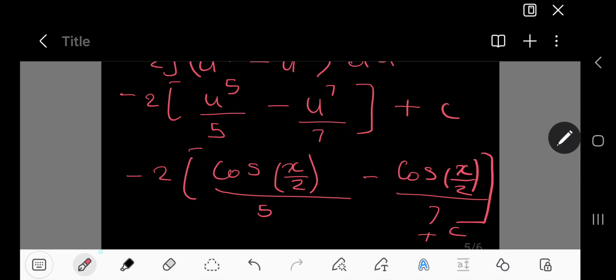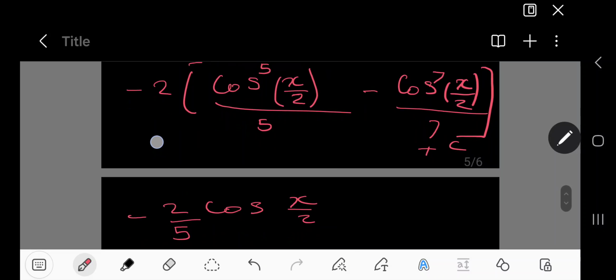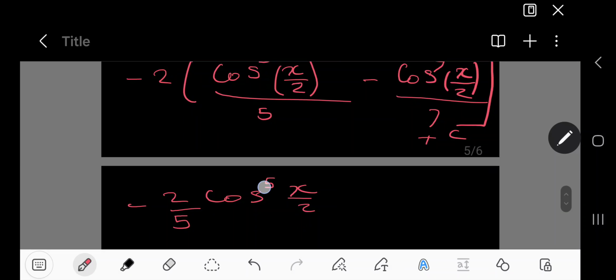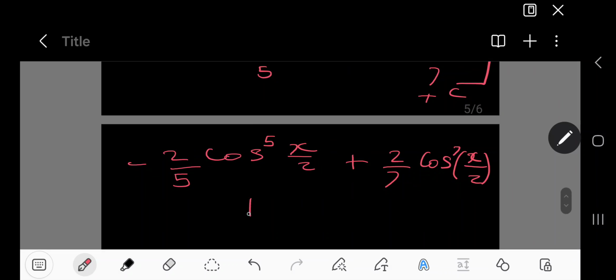Should have raised that to 5 and raised this to 7. So that is 5, and that is going to be plus 2 over 7 cos raised to 7 x over 2 plus c. So that would be our final answer for this one.